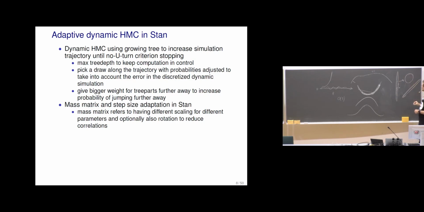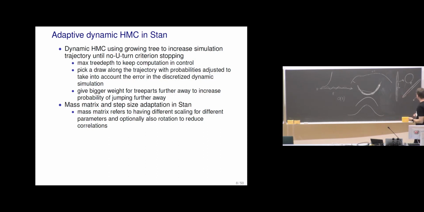The same step size is good for every case. If you have dependencies, we need to also learn about this correlation, but in addition to scaling, we can also do rotation if we learn the full covariance matrix. And this adaptation then makes the final sampling much more efficient.